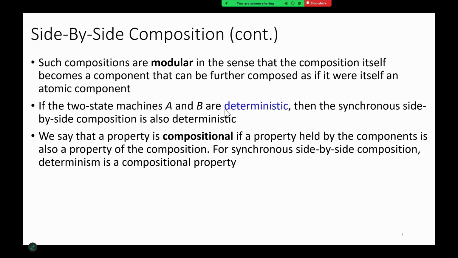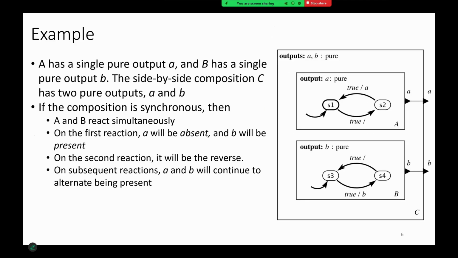If the two state machines are deterministic, the synchronous composition will also be deterministic. And if a property is compositional, then the components also carry the same feature. For example, if C has some feature, then A and B will carry the same feature.